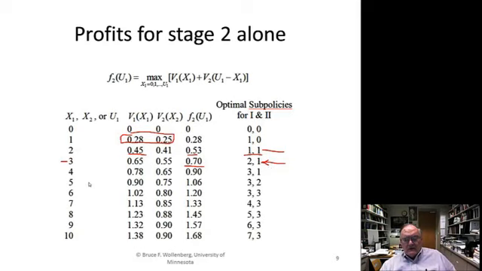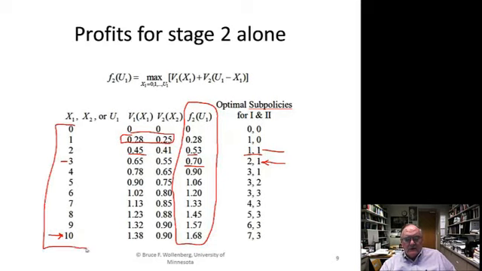And we keep going like this all the way up to 10. This is the value of U, and the whole idea is to look at the end and say, look, I have a table for F2 of U1, and this is the value of U1, and that's all I need to retain.